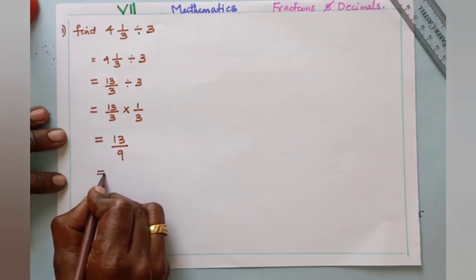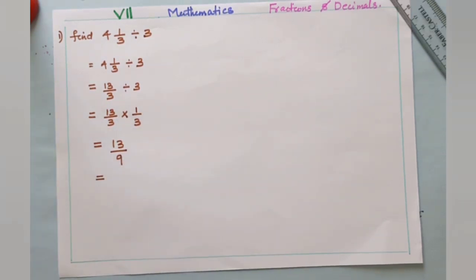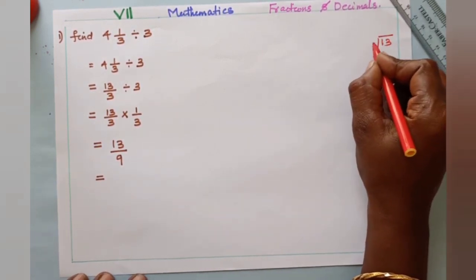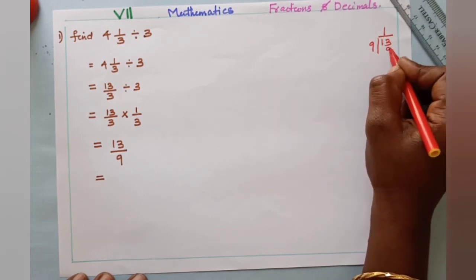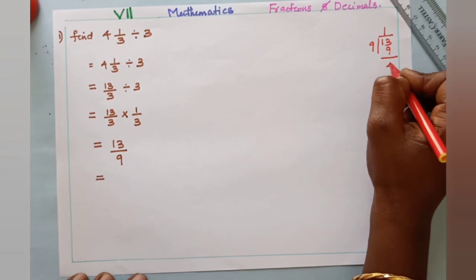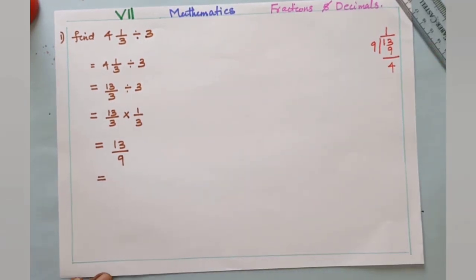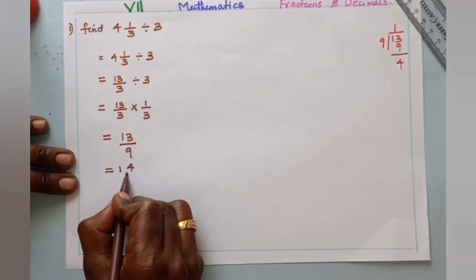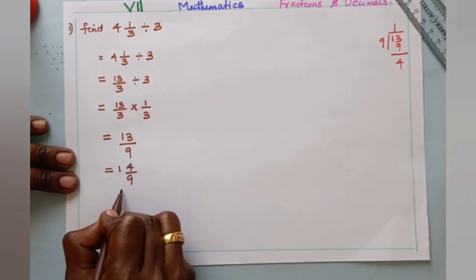So convert into mixed: 13 divided by 9. 1 9 is 9, balance 4. So we can write the answer as 1 and 4/9: quotient and remainder by divisor.